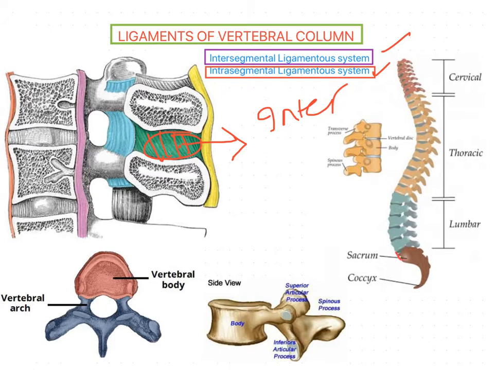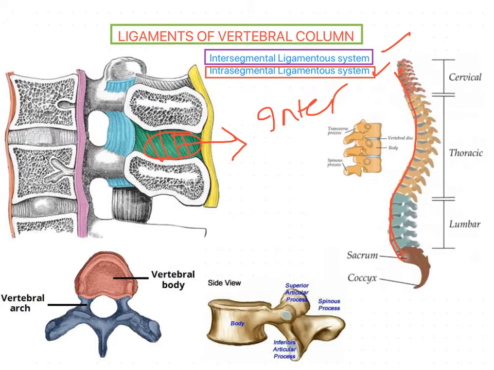I am showing the anterior longitudinal ligament from sacrum to C2. This ligament attaches from the sacrum to the C2 vertebra, so it acts as a single unit. Such ligaments come under the intersegmental ligamentous system.